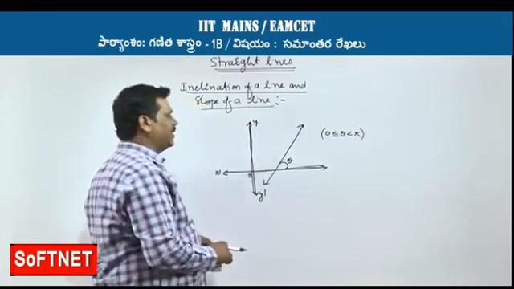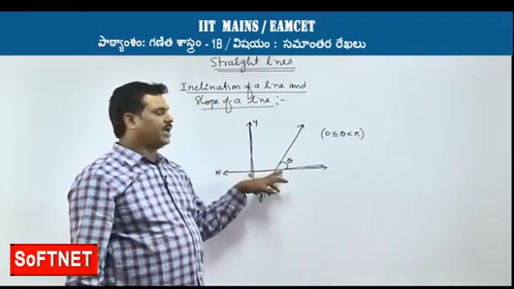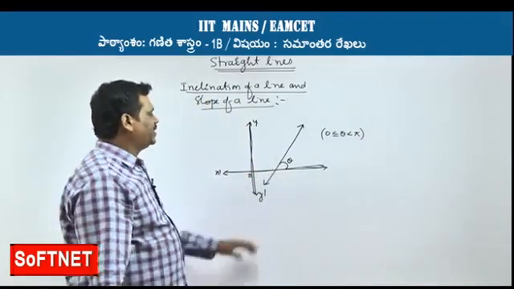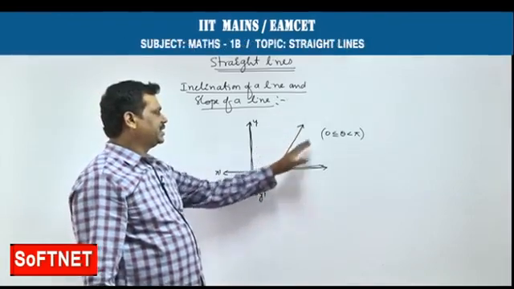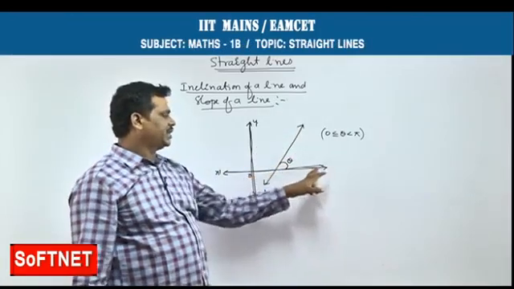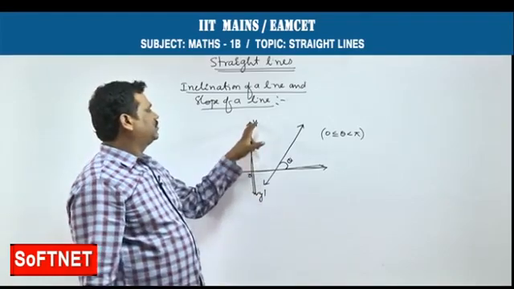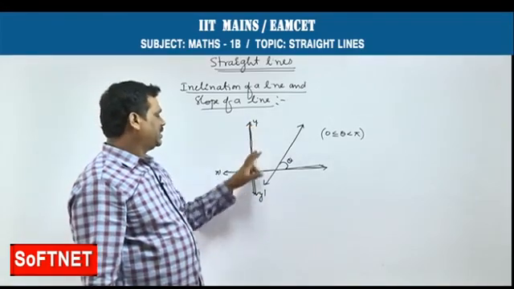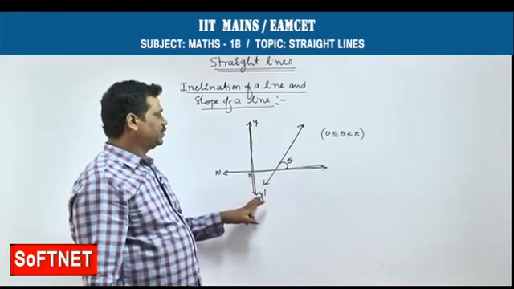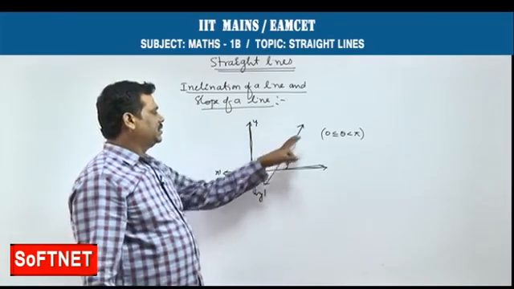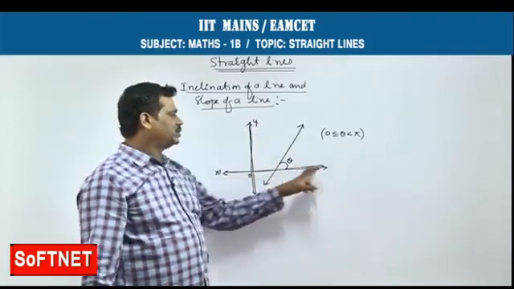Okay. If a non-vertical line makes an angle theta with the positive direction of the x axis, this is the positive direction of the x axis, and below is the negative direction of the x axis. This is a vertical line, and this is what? Horizontal line.